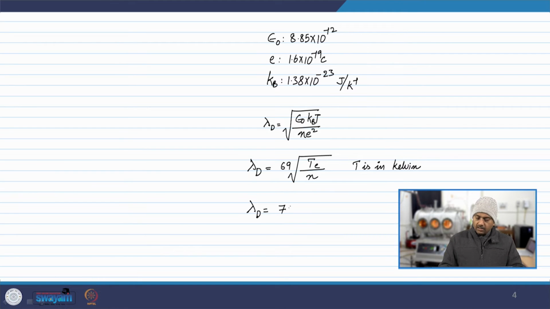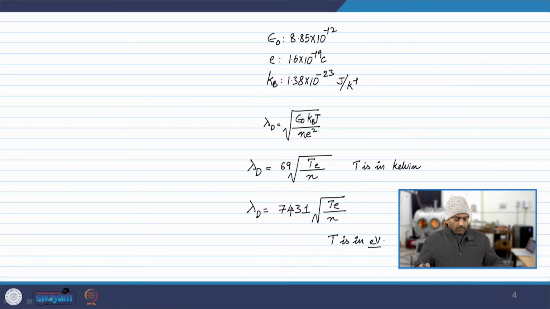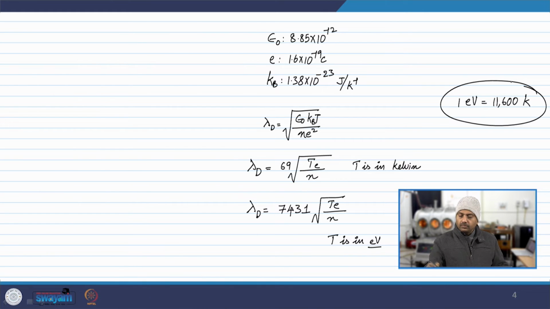You can write it as 7431 times the square root of Te by N, where the temperature is in electron volts. You can remember that 1 electron volt is equal to 11,600 Kelvin. Okay, so this is about Debye's length.